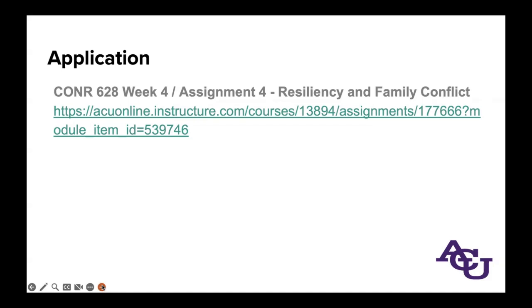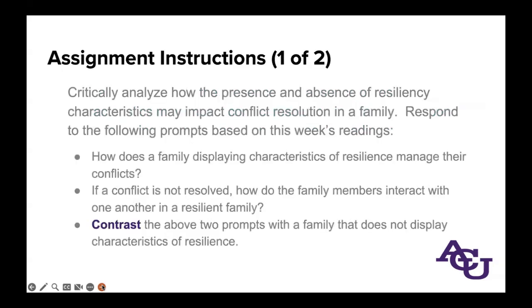So for the instructions on slide 18, you're supposed to critically analyze how the presence and absence of resiliency characteristics may impact conflict resolution in a family. Respond to the following prompts based on this week's readings.